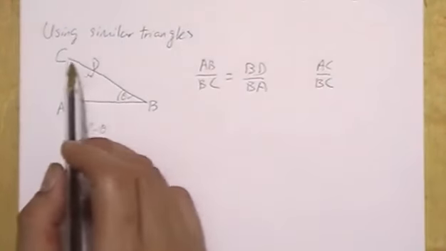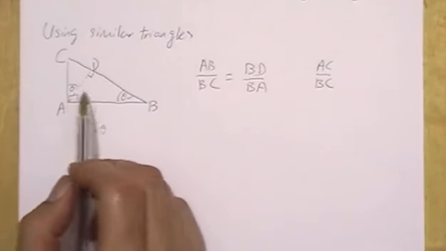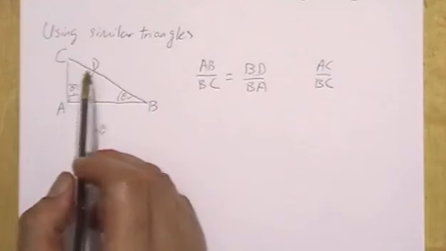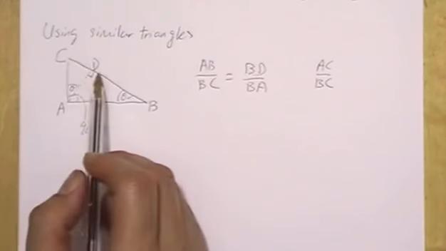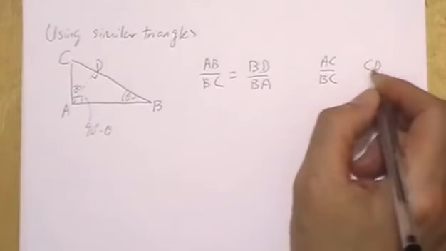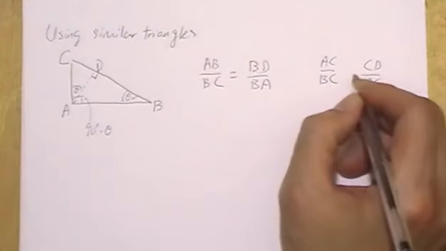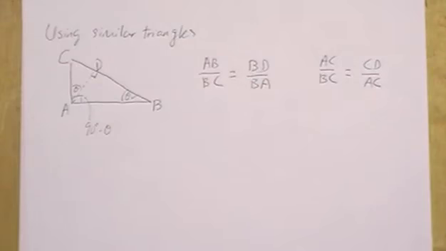And then let's look at that similar triangle. Corresponding sides would be, that's the shortest, that's the longest. So it would be CD over AC. So they should be equal since these are corresponding sides.